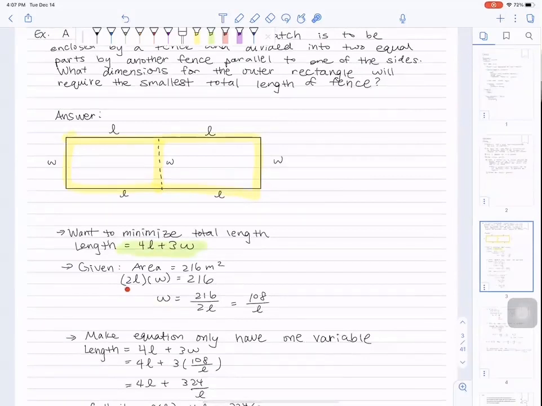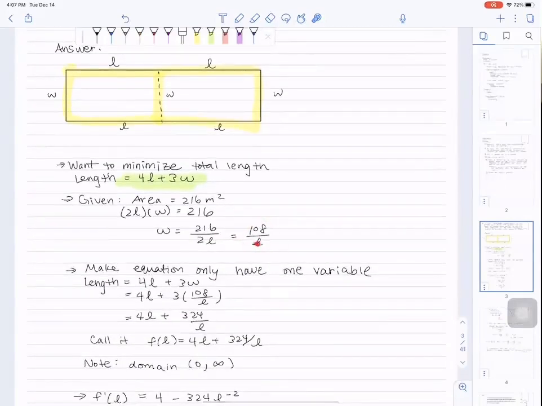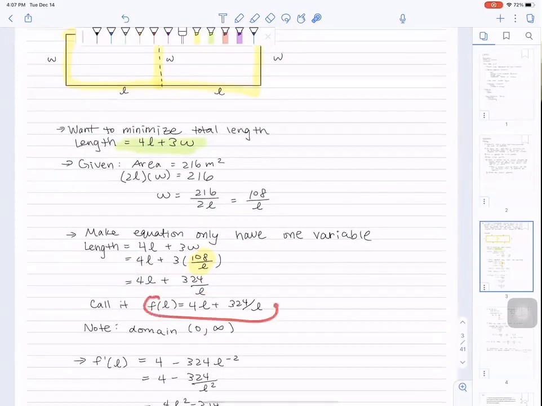If we divide both sides by 2L, we get 216 over 2L, which is 108 over L. Now we can substitute this W into our length, and we get that our function now is 4L plus 324 over L. We're going to call that our function f.